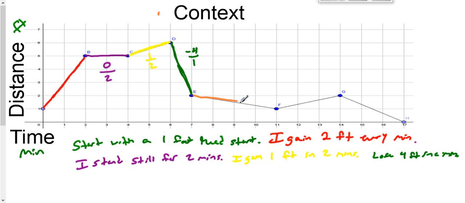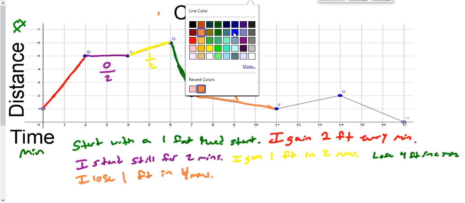I then have to lose some more because I'm still at a negative slope, just a different rate. This one is negative 1 over 4, so like the flipped version of that. So I lose 1 foot in 4 minutes. Come back to our next part of the story.